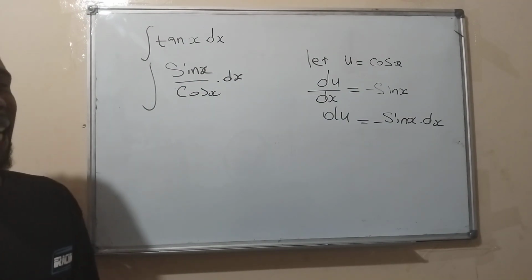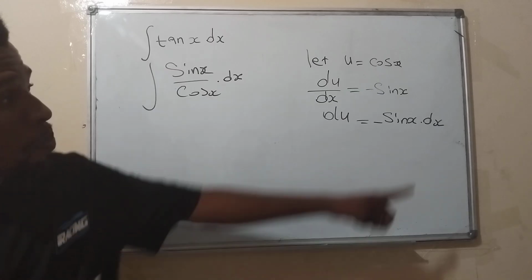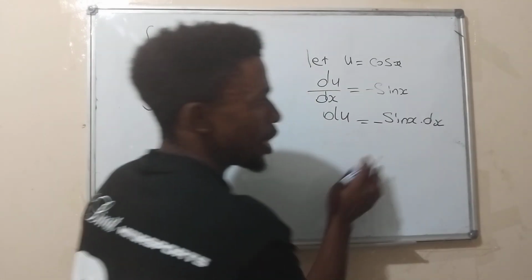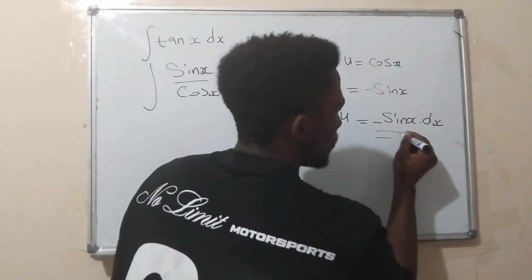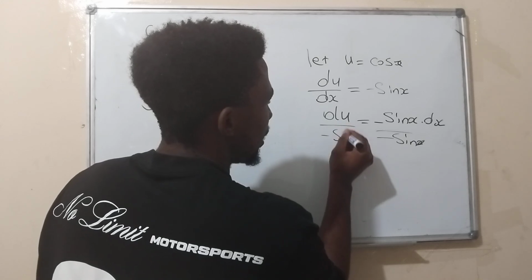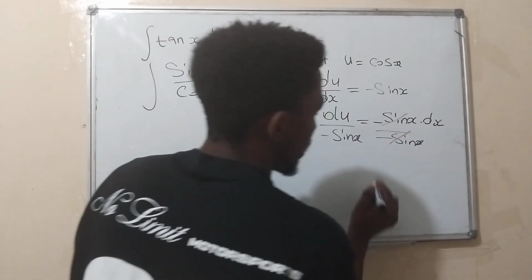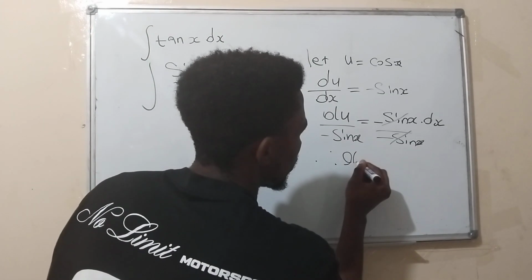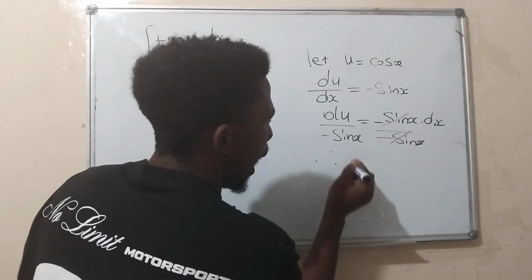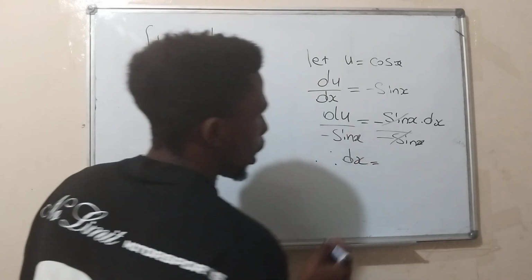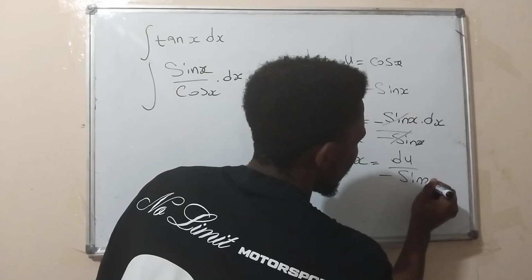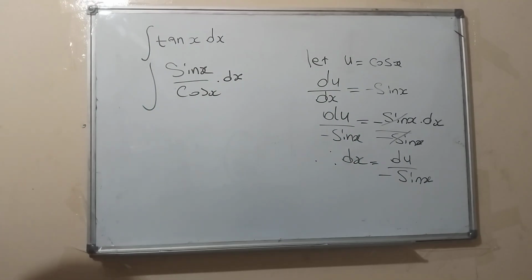Right? Then try to make dx the subject of the formula by dividing both sides by what? By negative sin x. Then our dx is equal to du over negative sin x, right?